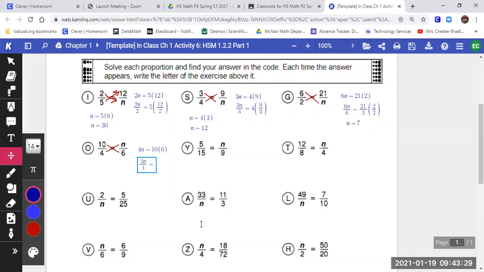No. But can I break 4 like I did the 6 before? Can I do two things that multiply to make 4 that each go into 10 and 6? One goes into 10 and one goes into 6. What can I break 4 by so that one of them is going to go into 10 and one of them is going to go into 6?